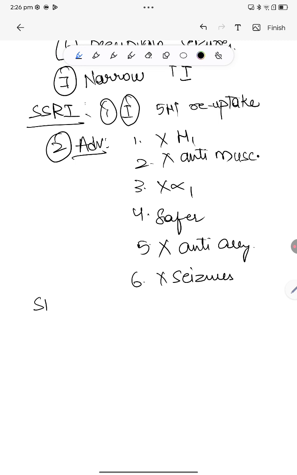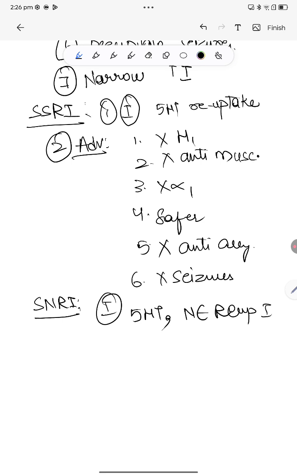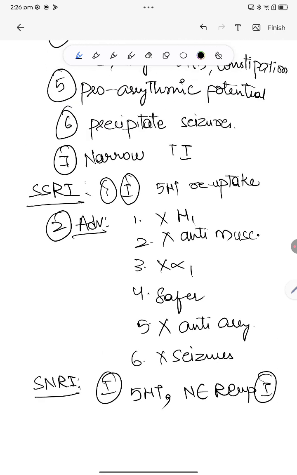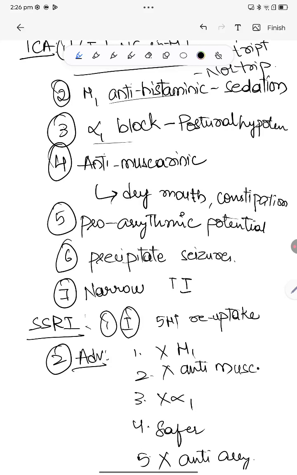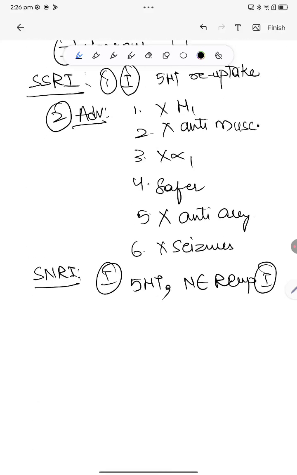Then let us talk about SNRIs. One major problem with SSRIs was they were very good, but efficacy was relatively on the lower end. So they started developing newer drugs which inhibit both serotonin and norepinephrine reuptake, but without any action on antihistaminic, alpha 1 blockade, and antimuscarinic effects.